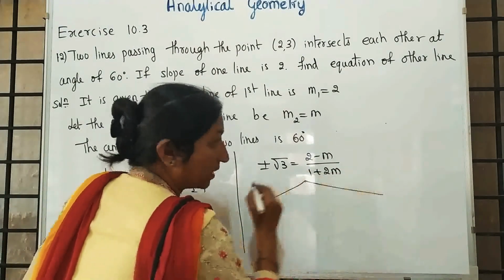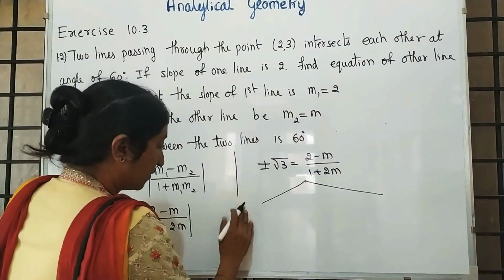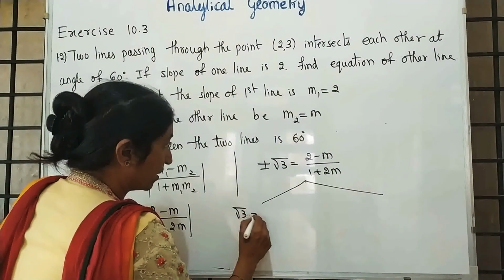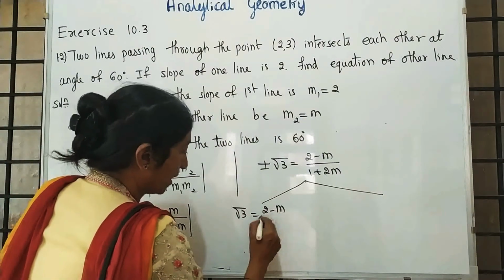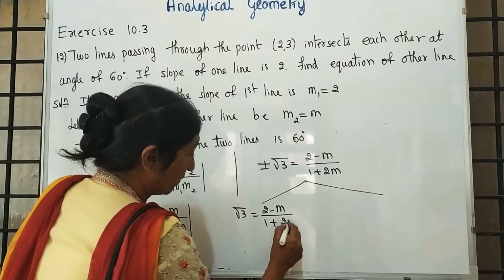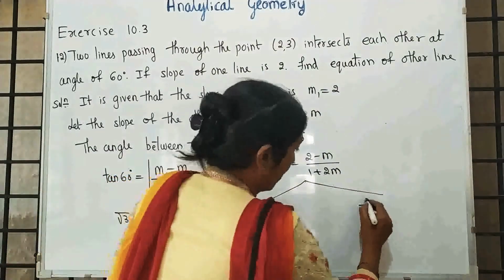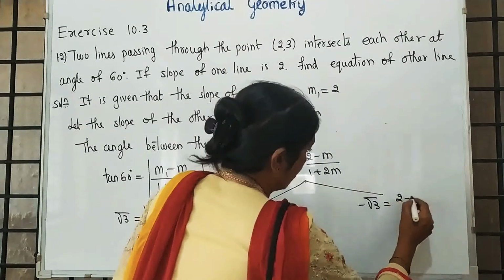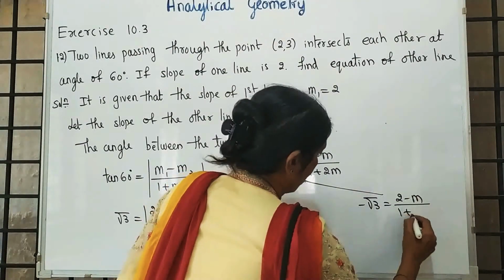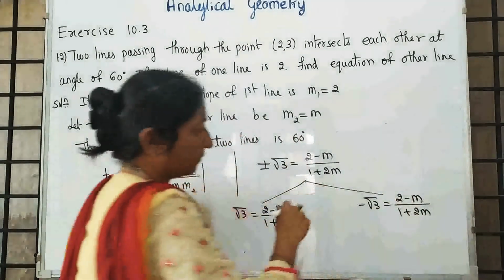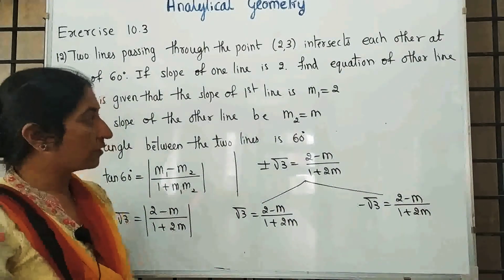We have two answers here. One answer is root 3 is equal to 2 minus m upon 1 plus 2m. Another one is minus root 3 is equal to 2 minus m upon 1 plus 2m. Now calculate that.